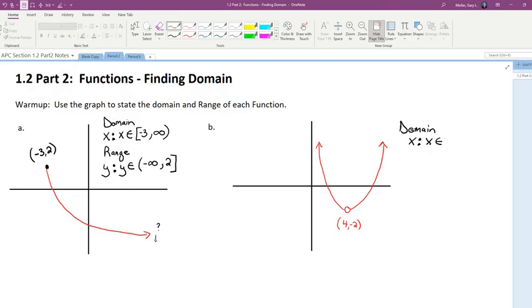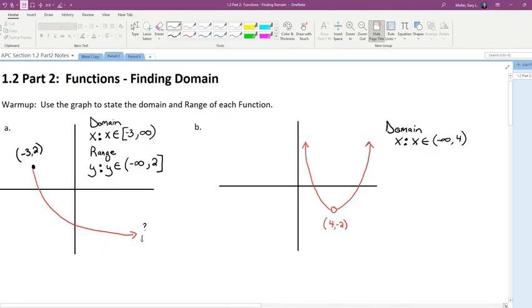Mathematically, there's probably a couple ways to do it, but we're not going to get too fancy. We're going to say it includes all the values from negative infinity all the way to 4, but we're not going to include 4. And then we pick things right up at 4 and keep going to infinity.